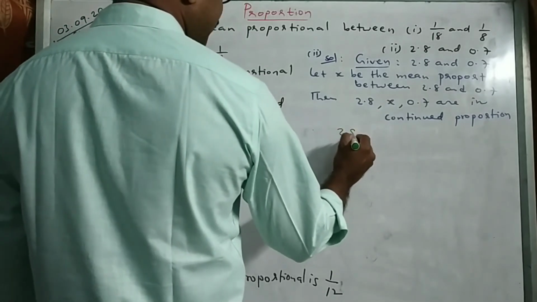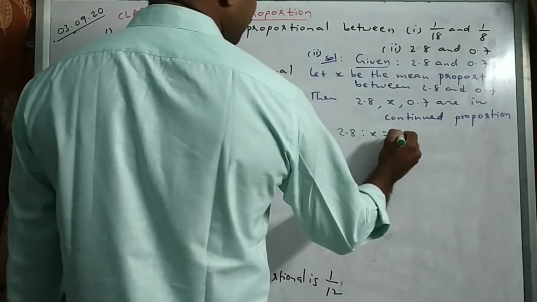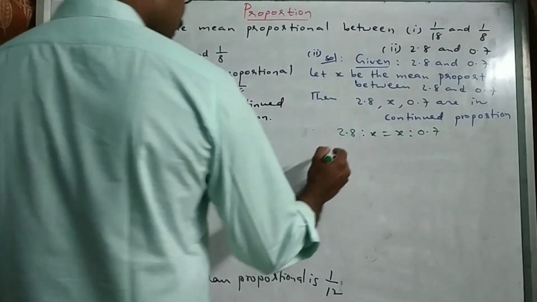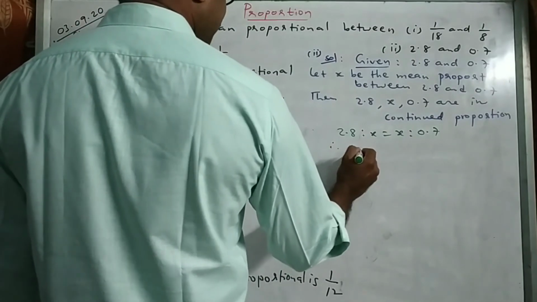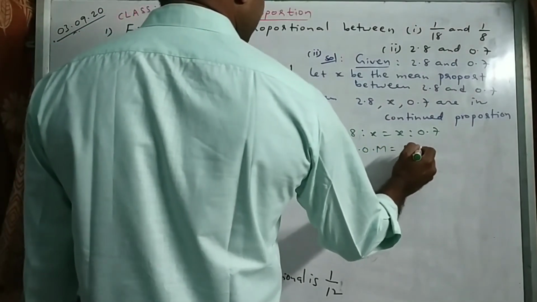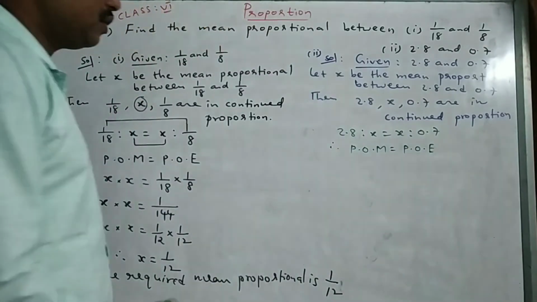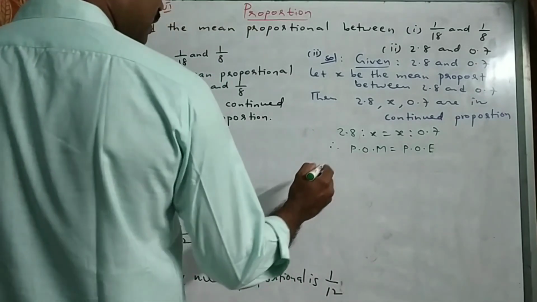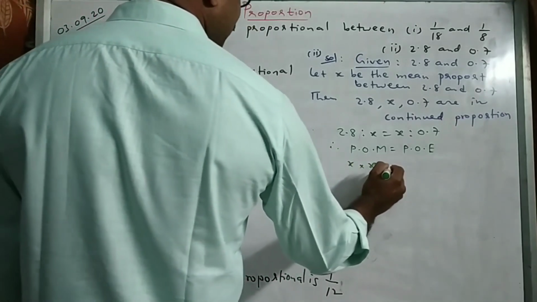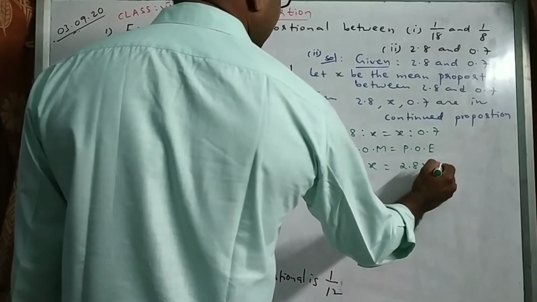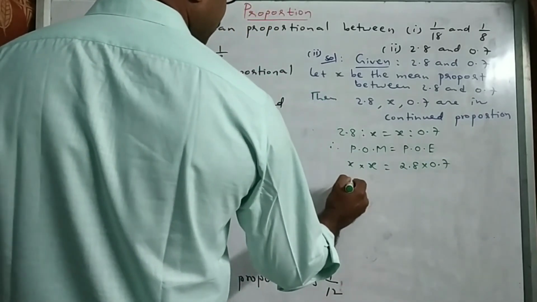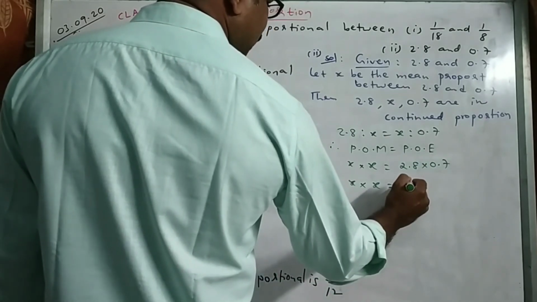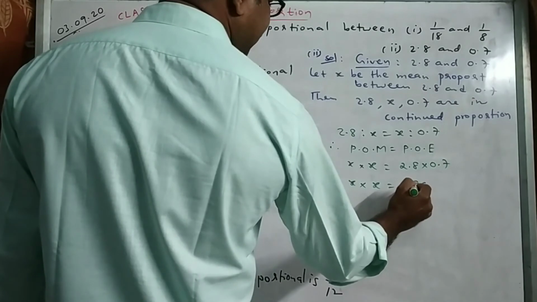In the case of continued proportion, you are able to solve it, right? How? 2.8 is to x equal to x is to 0.7. The repeating term is called the mean proportional. So we have here product of means equal to product of extremes. The equality of two ratios is called proportion, and the proportionality condition is product of means equal to product of extremes. So x into x equal to 2.8 into 0.7. Multiply. Product of same numbers I must get. 7 8s are 56, so 1.96, right?